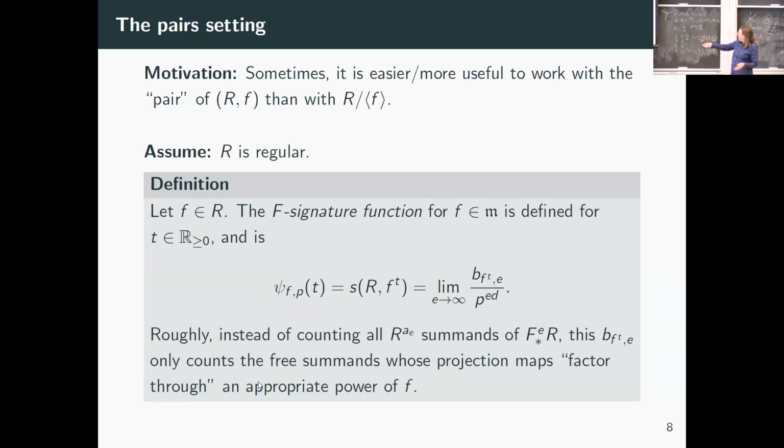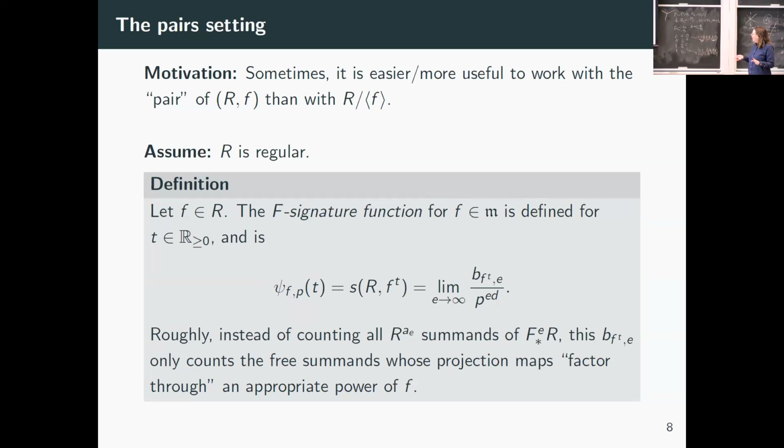going to describe a function in terms of this real number t. And I am not going to formally describe what this is, but the point is it's a kind of similar limit to what we had before, the same denominator. This b sub f^t,e is still counting some kind of free summands of this F^e_* R, but I want these to be built out of f somehow.